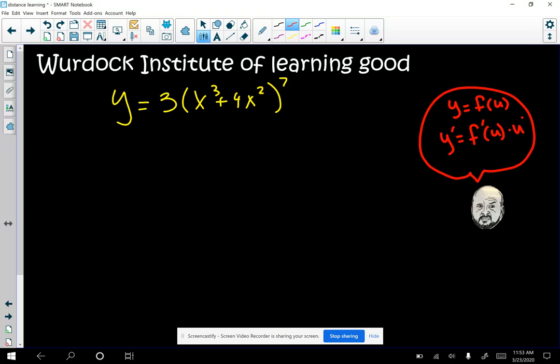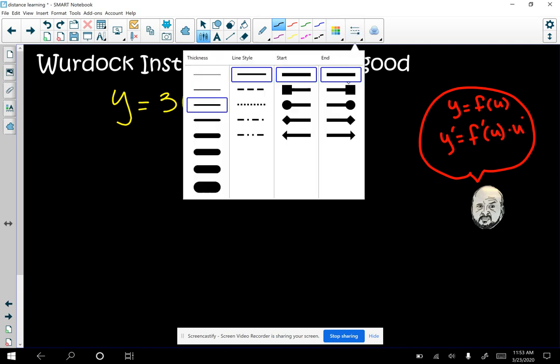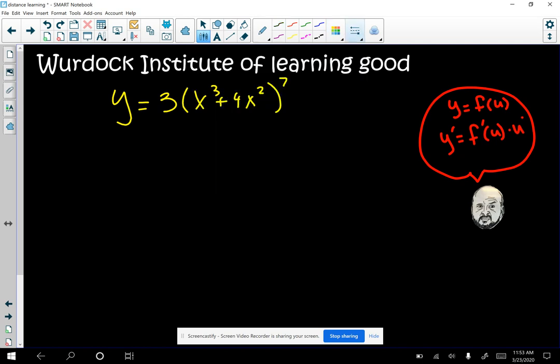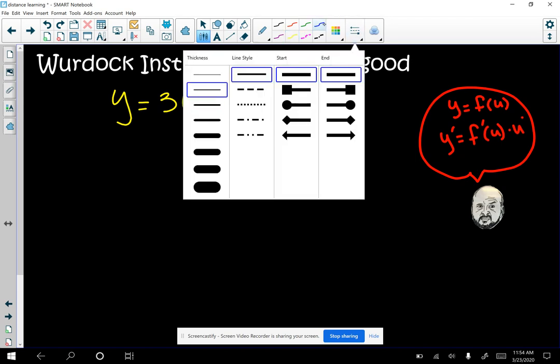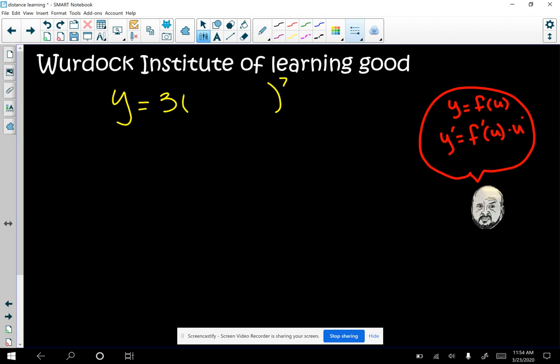Alrighty. So I'm going to cover in black here. And let's not forget, you have an inside function and you have an outside function. So I've erased the inside function for a minute. The derivative of 3 something to the power of 7, this is just the start, the f prime part, would be 21 something to the 6th.